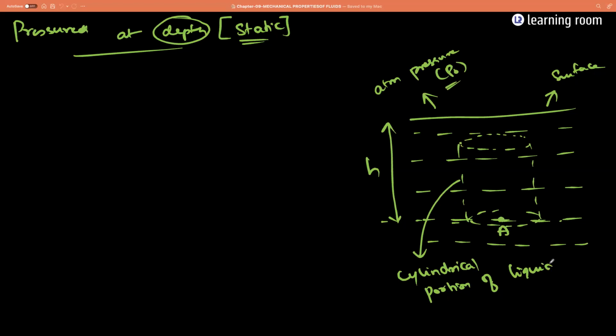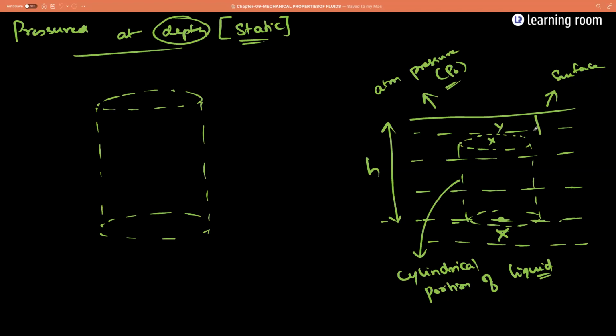So if I consider the cylindrical portion of liquid, then I draw a free body diagram for it. Now, let me say the total depth is h. Instead of labeling this point as A, I'll call it x, because area will come. So I'll take this as x and this point to be y.